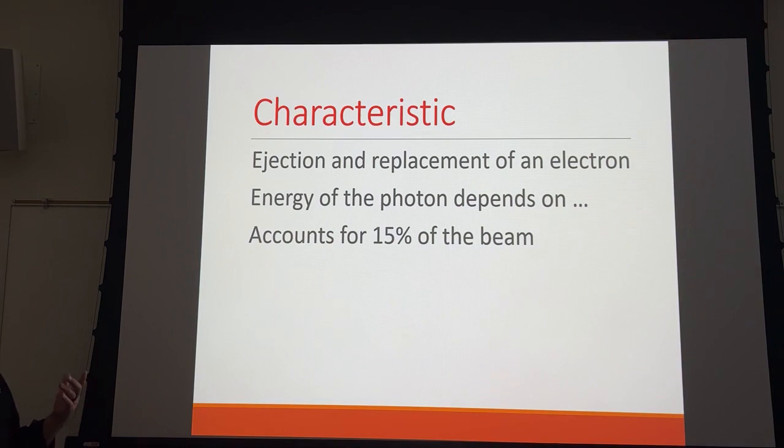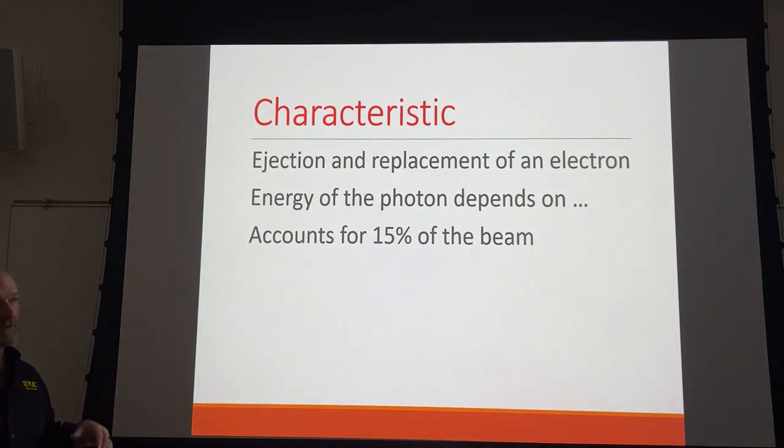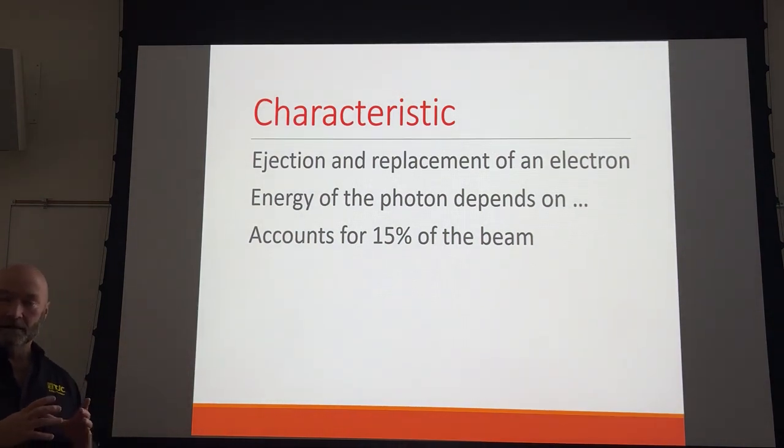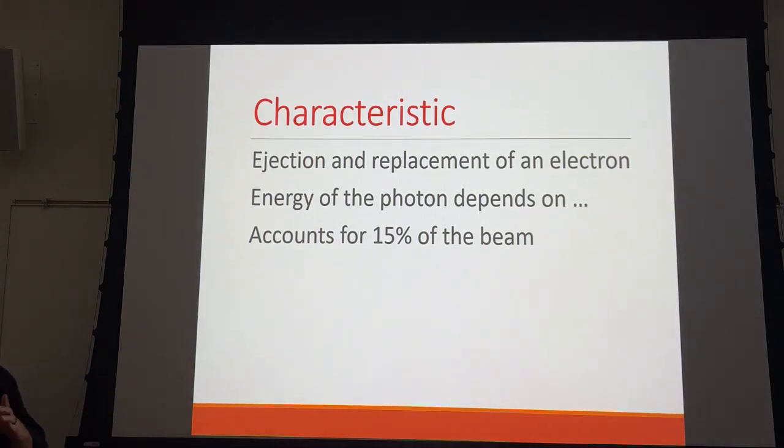And the energy level of the X-ray photon is going to be equivalent to the difference between two things. So with brems, it was the difference between the incoming energy and outgoing energy. With characteristics, it's going to be the binding energy of the electron that got knocked out minus the binding energy of the electron that's going to replace it. Okay, so a little mental exercise.